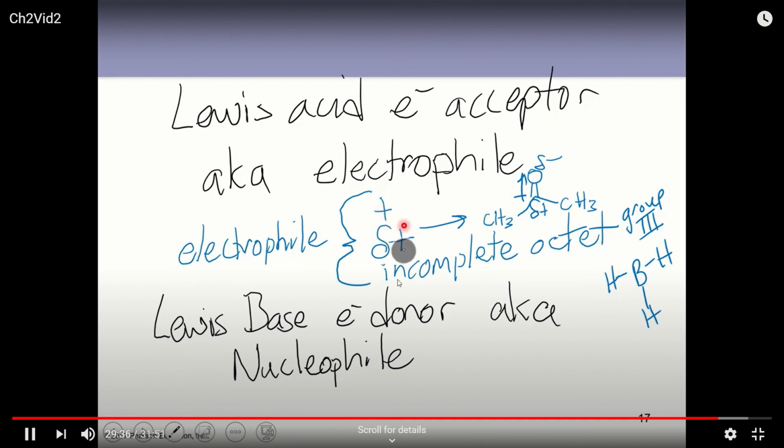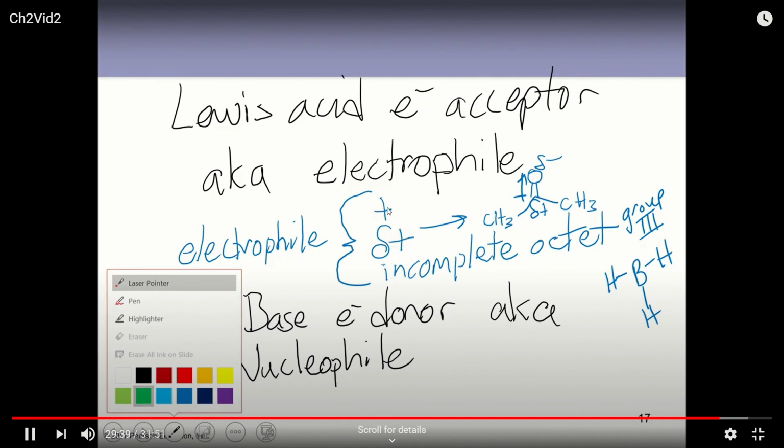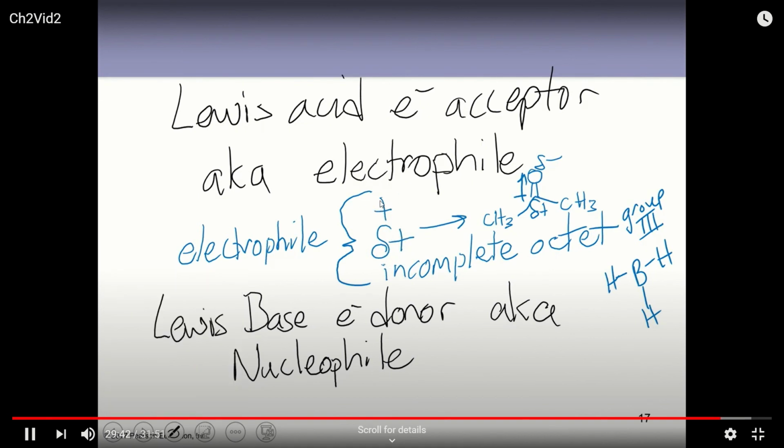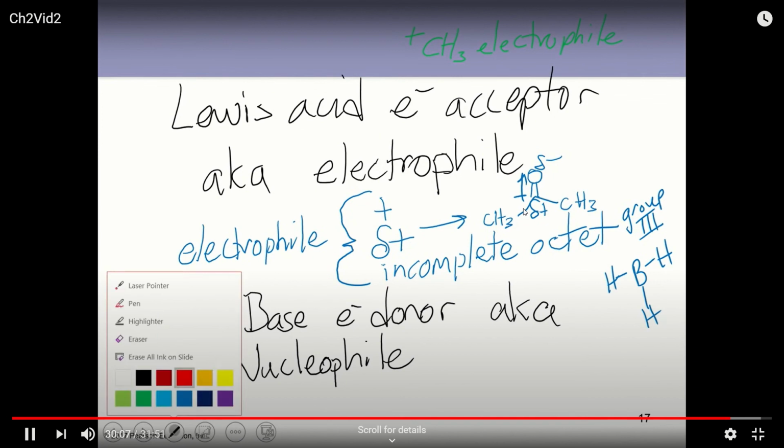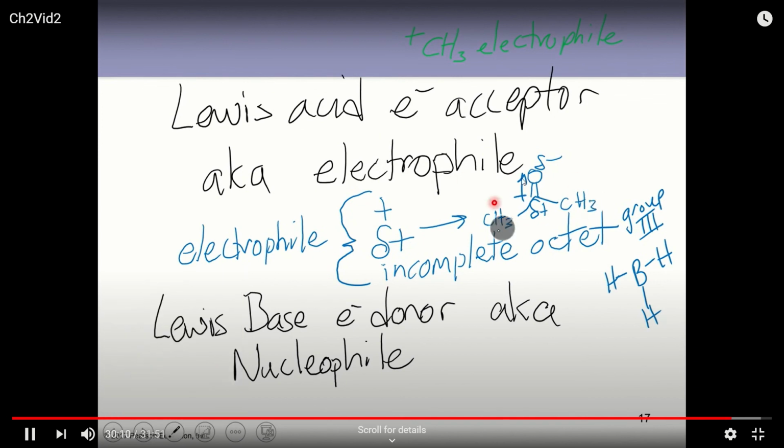When we look at positive charge, that's easy as long as formal charge is given. For example, methyl cation is an electrophile. For a partial positive charge, our example is acetone, which has a dipole because oxygen is more electronegative than carbon.